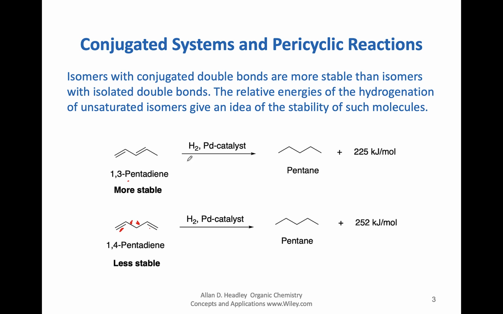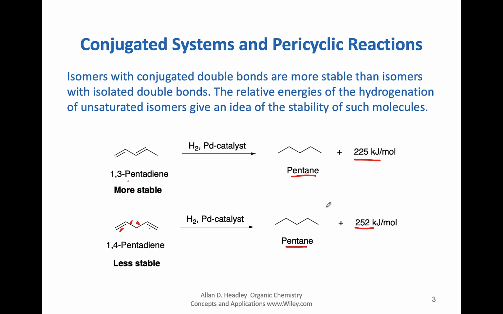If we should carry out a reaction in the presence of hydrogen and a catalyst, so it's a hydrogenation, it's an exothermic reaction. It gives the product here pentane, both give the same product, pentane. You can see here it's an exothermic reaction because heat is given off.